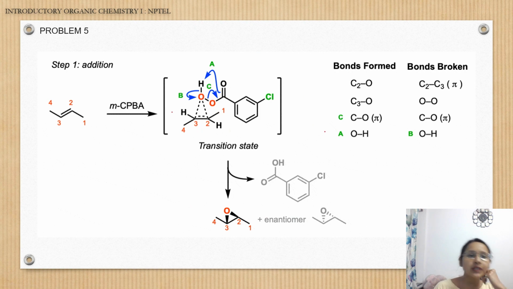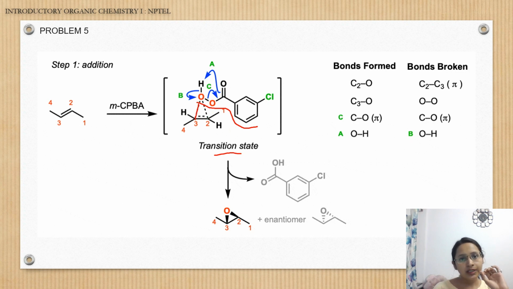So now what will MCPBA do? What is the structure now? This is what MCPBA looks like. This is metachloroperbenzoic acid. Per means you will have two oxygens here because there is a peroxide linkage, right? So this is the structure for my MCPBA. And now what will happen? See, this alkene will form a transition state with this MCPBA.